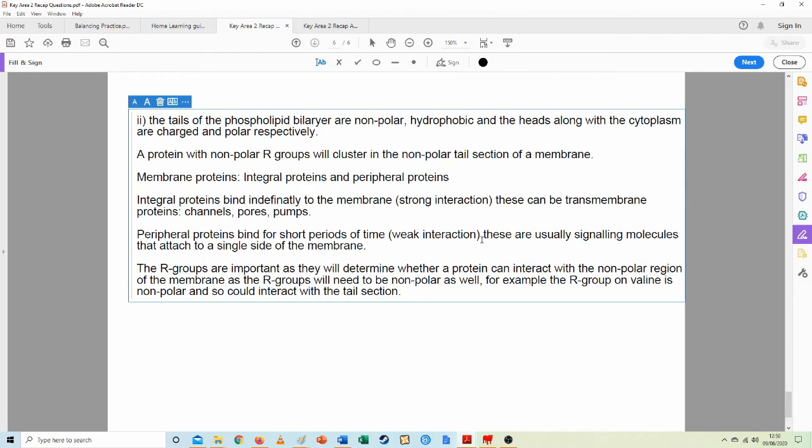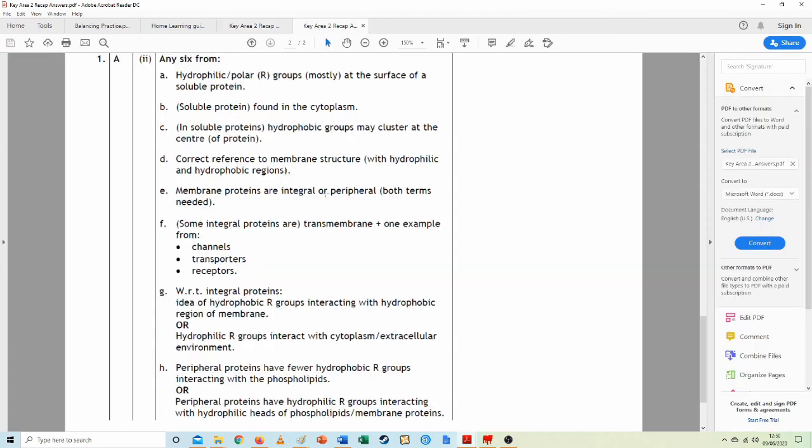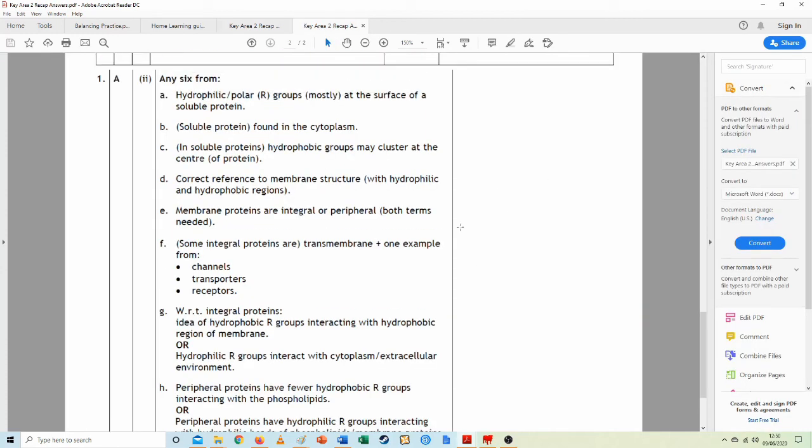Okay, so this was worth 6 marks. The marking scheme, and we'll speak about which ones we've got at the moment. We've not even really spoken about solubility.